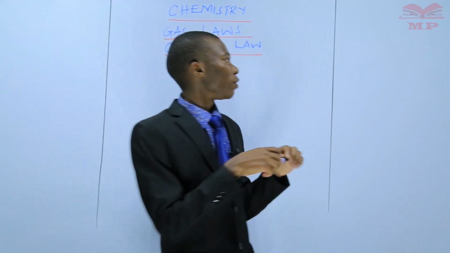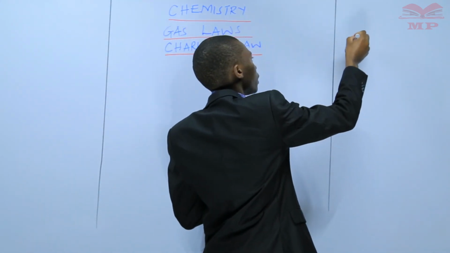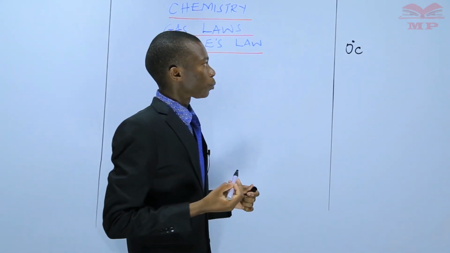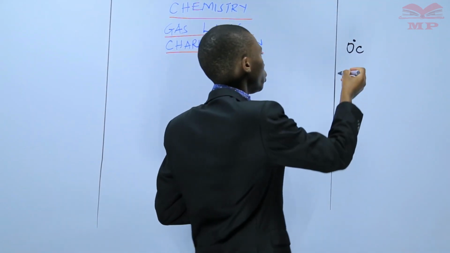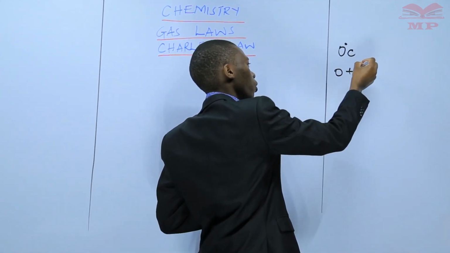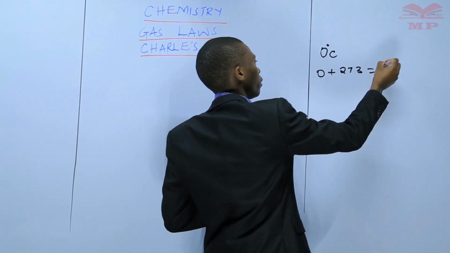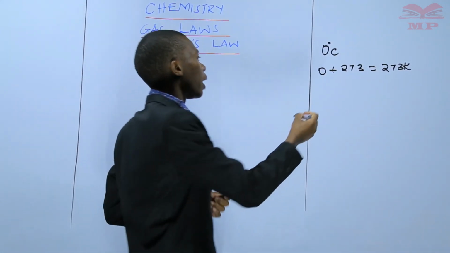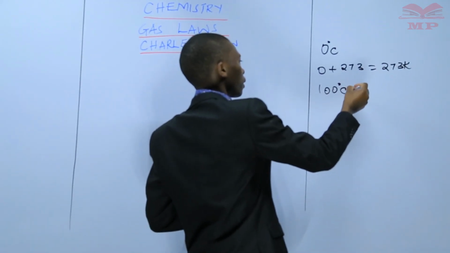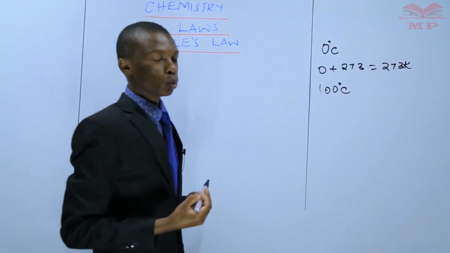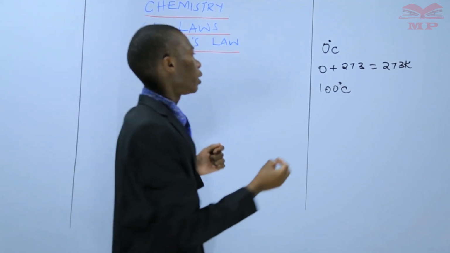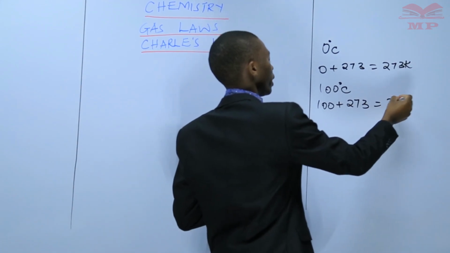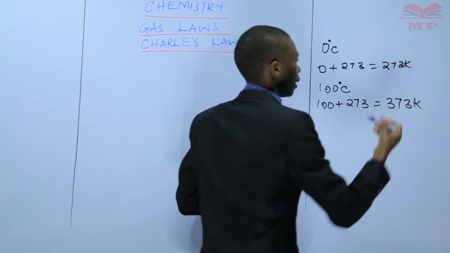For example, if you are given 0 degrees Celsius, you add 273, so it will be 0 plus 273, and it will give you 273 Kelvin. If you have 100 degrees Celsius, you add 273, and you'll get 373 Kelvin.